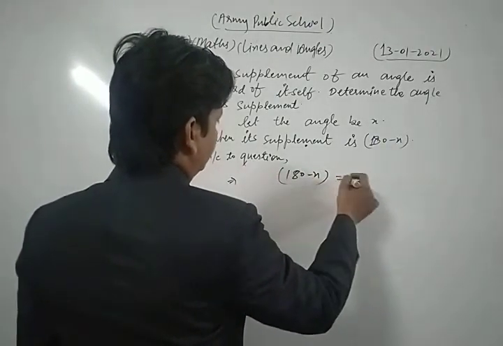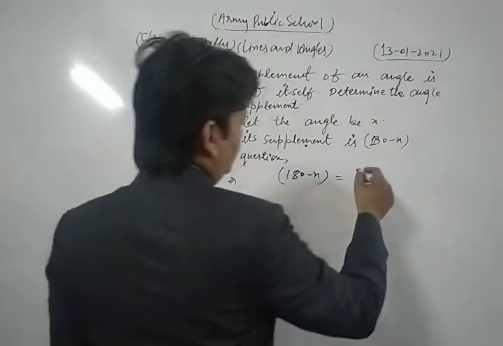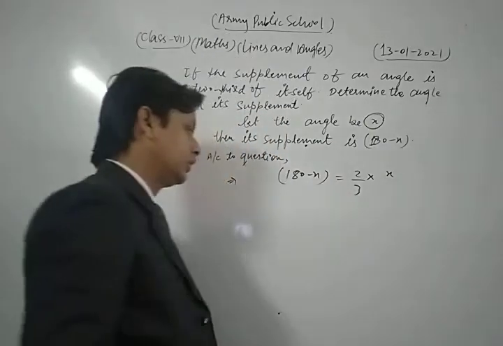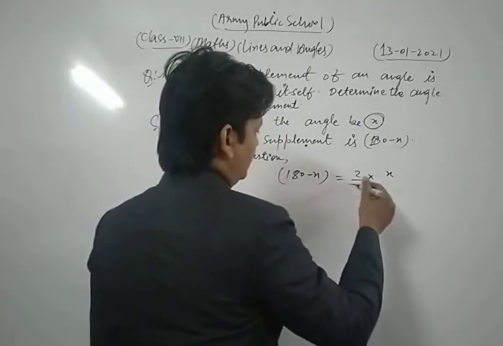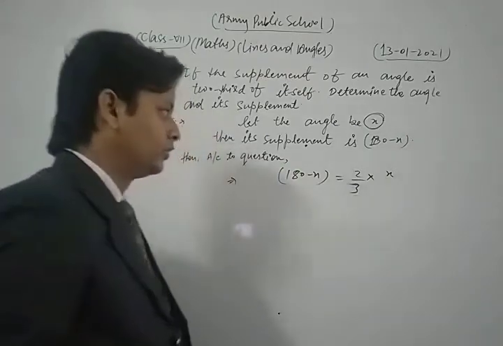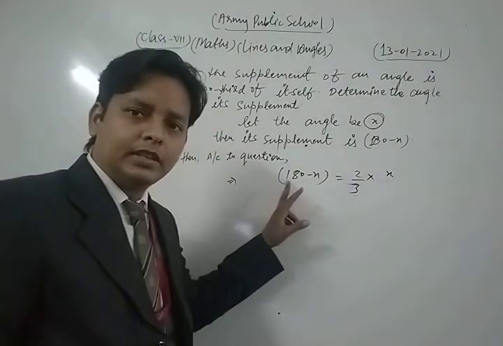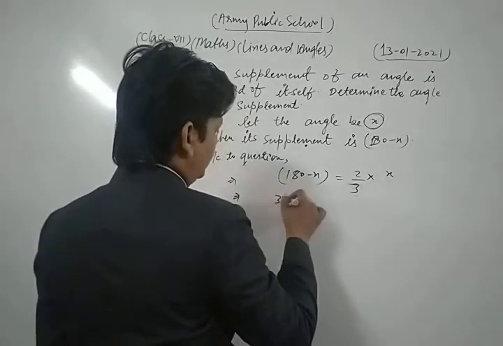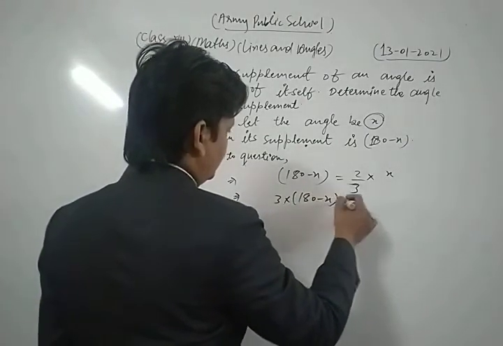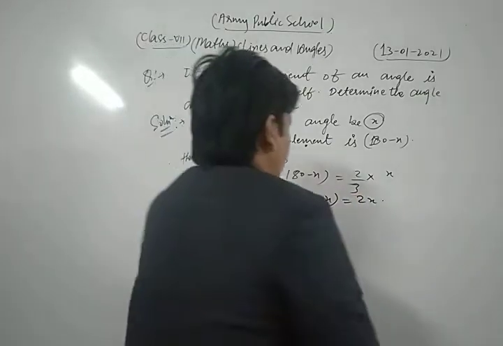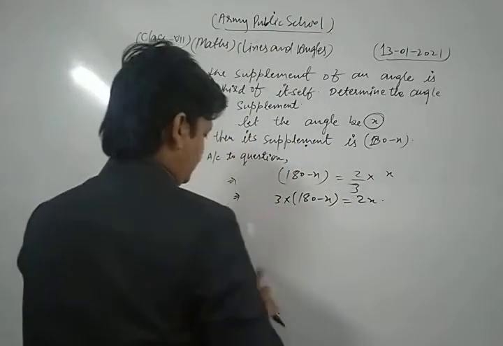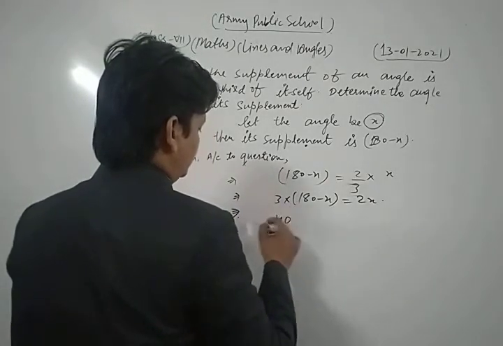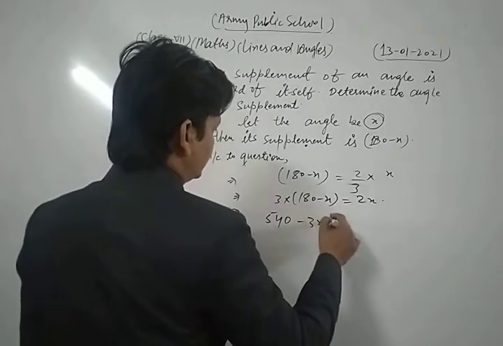According to the question, 180 minus x is 2/3 of itself, and itself means x. So these are the conditions given. Now we simplify this relation, so we do cross multiplication, so we get 3 into 180, that is 540 minus 3x is equal to 2x.